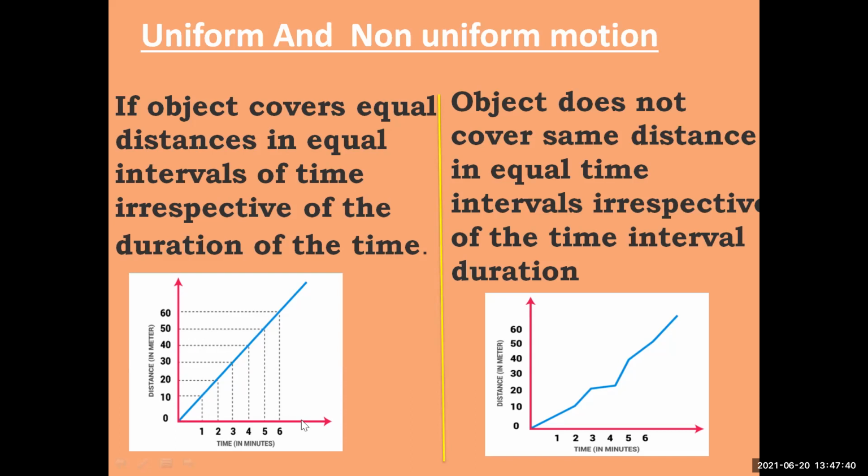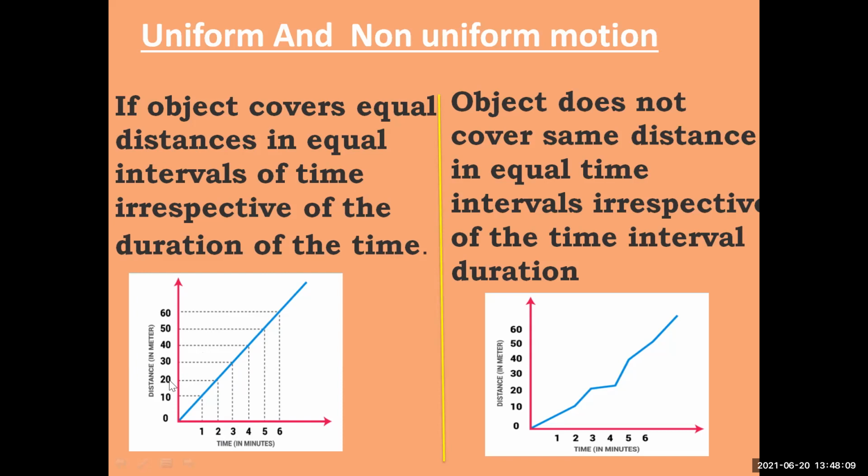So if I want to know the position after the 7th minute, it will be the 70th meter. So what happened here? For every 1 minute, the object is covering equal distance. There is no change in the motion of the object. It's covering the same distance every 1 minute.